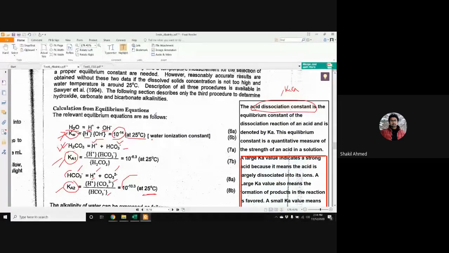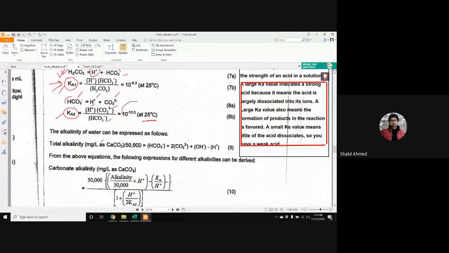Ka value higher means the acid is stronger, because if the acid is stronger, then you will get more and more hydrogen ion, and if there is more and more hydrogen ion, then your acid dissociation constant will be higher, because H plus is in the numerator. Is it clear? Yes, sir. Okay.